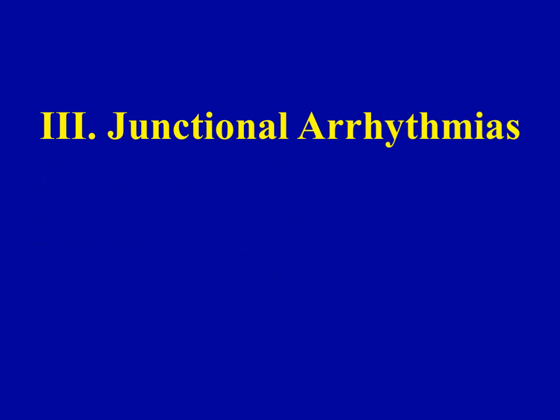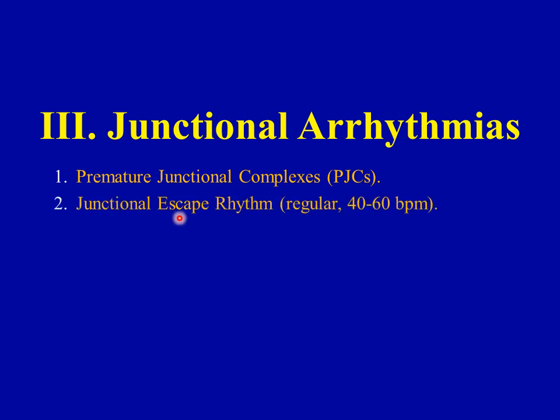What are the junctional arrhythmias that we can see in different patients' ECG? Number 1, we can see the premature junctional complexes. Number 2, junctional escape rhythm. This is the rhythm where the AV junction becomes the pacemaker of the heart due to the failure of the SA node.